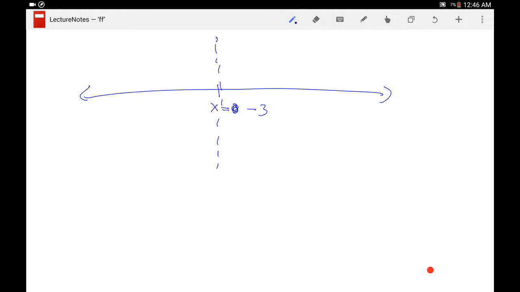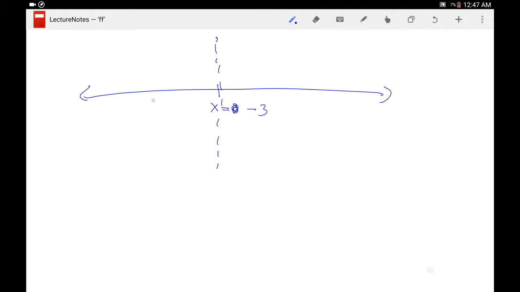Now if the graph is positive in this region, it has to stay positive, because it's continuous; it cannot become negative without going through 0. If it's positive, it will stay positive. So I need to find what happens to the graph in each of these intervals, which is represented by just any value in there.